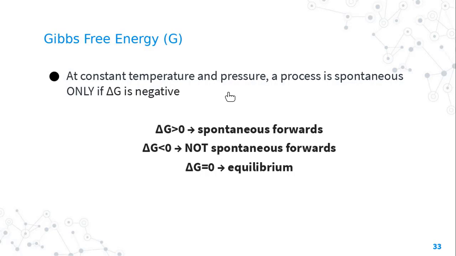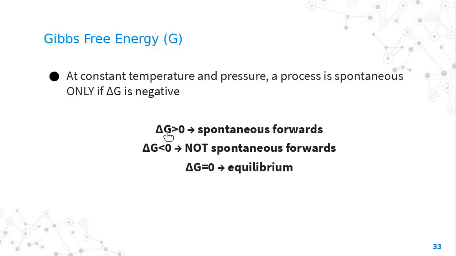So at a constant temperature and pressure, a process can be considered spontaneous only if delta G is negative. Like I said, you can't use it only based on the delta H or the delta S. Those alone cannot tell you whether a process is spontaneous. That can only be determined if delta G is negative. You want delta G to be negative in order for the process to be spontaneous. So as we see, I'm sorry, I think these signs are written backwards right here.